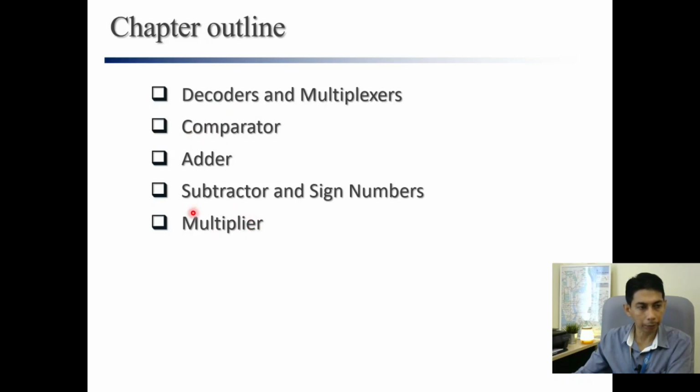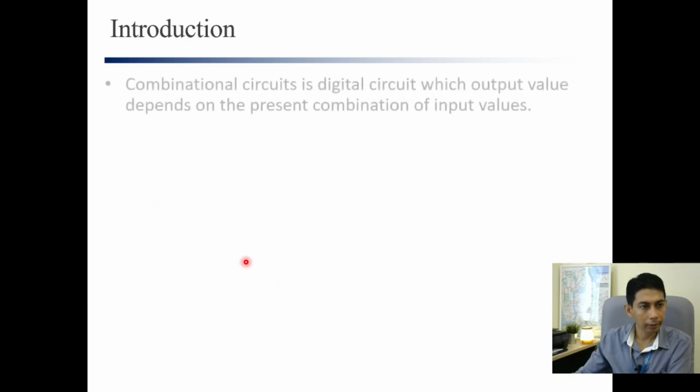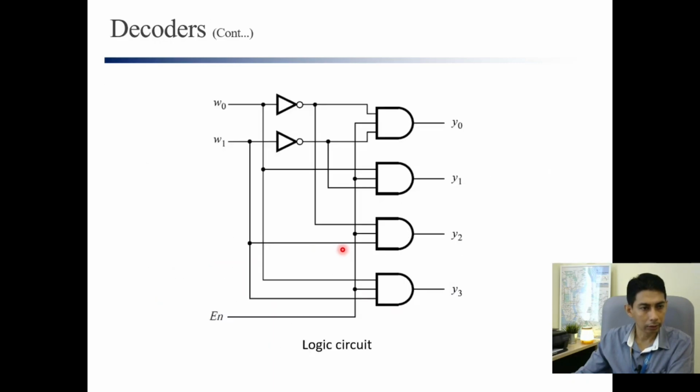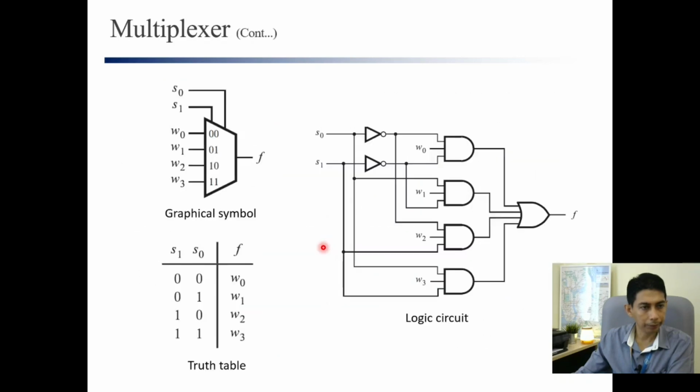And the last part is the multiplier. So we have the arithmetic comparator, and we will look also at the multiplier and also the ALU. So we will look at these three today. So let's go to that part.